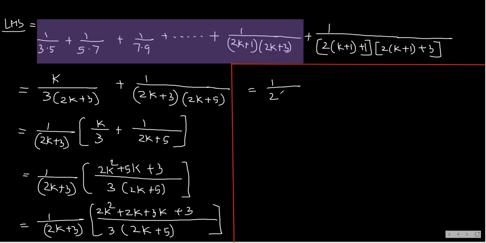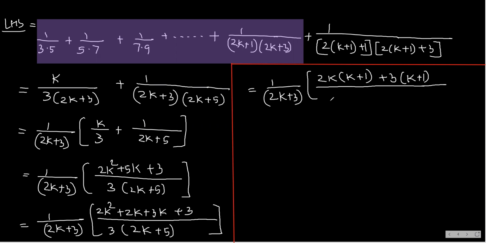So I get here 1 upon 2k plus 3, and taking the common, 2k is common, so you get k plus 1, and then 3 is common, so again you get k plus 1, and here you have 3 into 2k plus 5.